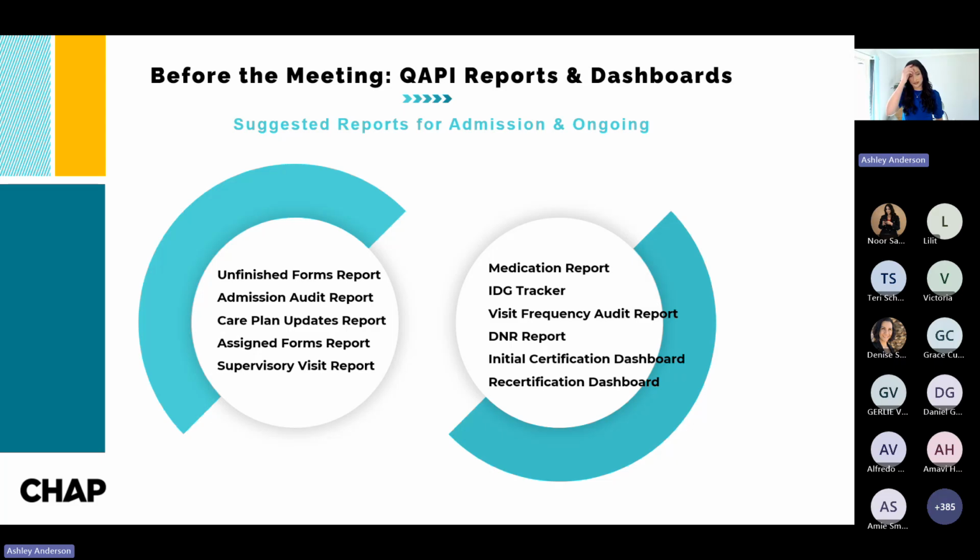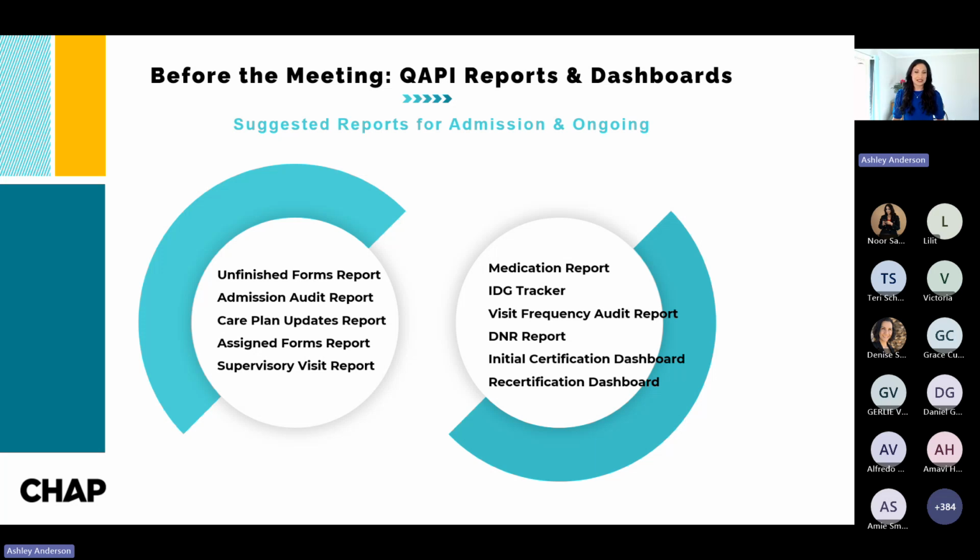So starting with a report we like to call the unfinished forms report. This is intended for you to be able to identify any incomplete clinical documentation. That includes IDG updates, incomplete nurse visit notes, anything awaiting the signature from the medical director, and any associated IDG members, or some of you refer to IDT, same thing.